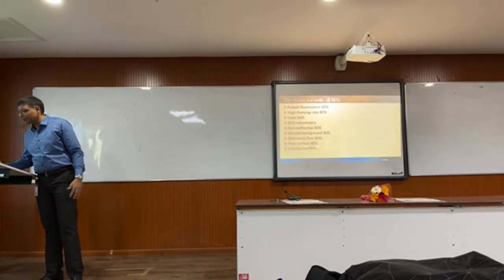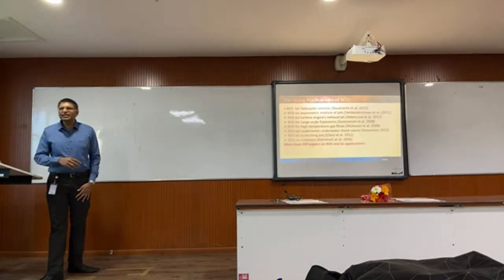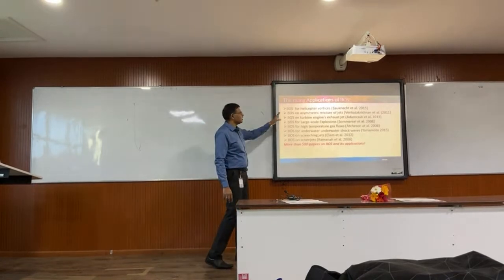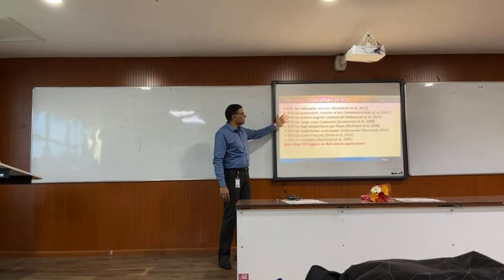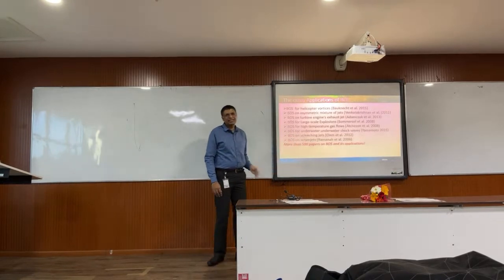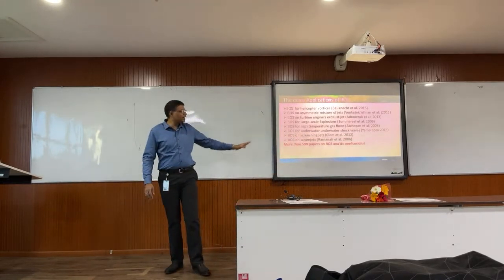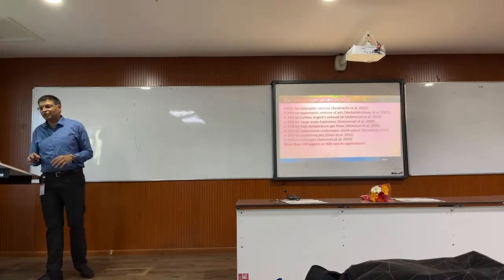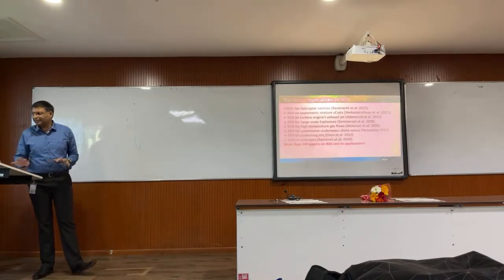It's a smartphone BOS. There's a huge amount of literature on BOS, right from helicopter vortices to jets to exhaust, explosions, high temperature gas flows, underwater shockwaves, scramjets. There are nearly 500 papers on BOS applications. So I will run out of space if I try to list them.